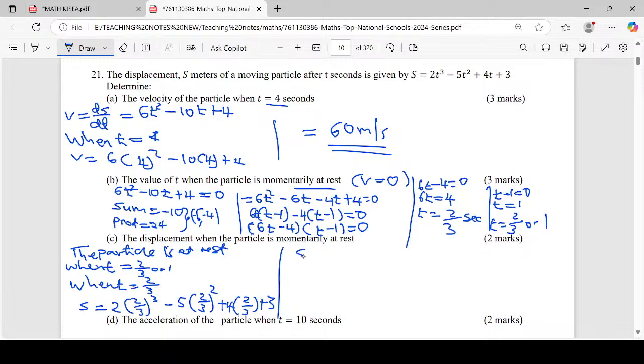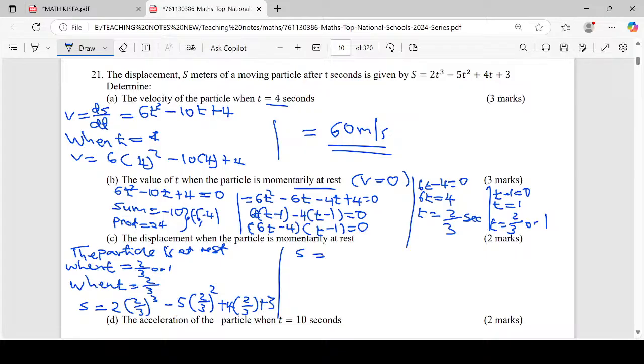This is giving me the value of s as what? Let me replace into my calculator. That is 2 into 2 over 3 close cubed minus 5 into 2 over 3 close squared, then plus 4 into 2 over 3, then plus 3. What are you getting, dear learners?